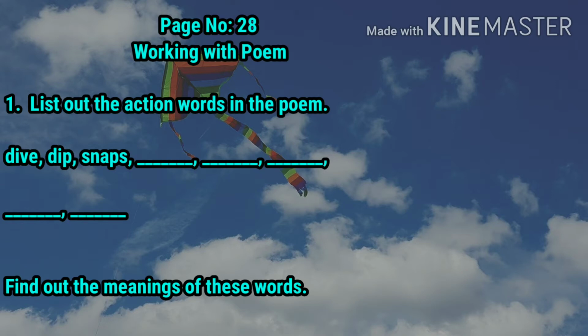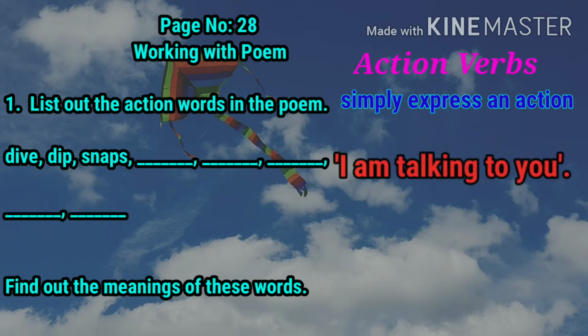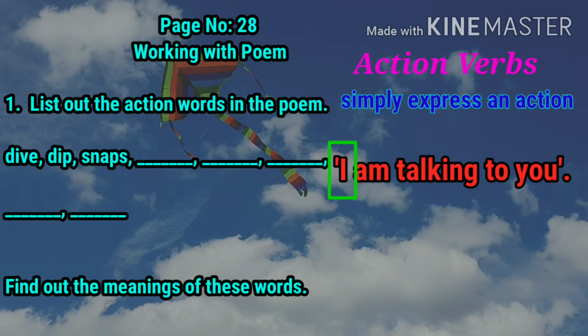Action words, which are also known as action verbs, simply express an action. The action is something the subject of the sentence or clause is doing. For example, sleeping, sitting, napping, etc. For example, there's a sentence like I'm talking to you. Here I is the subject and talking is an action word or action verb.